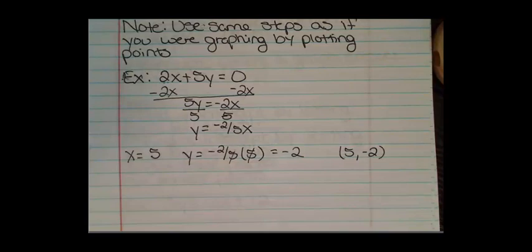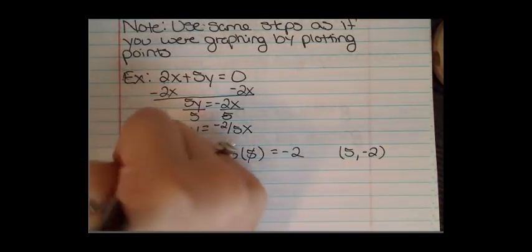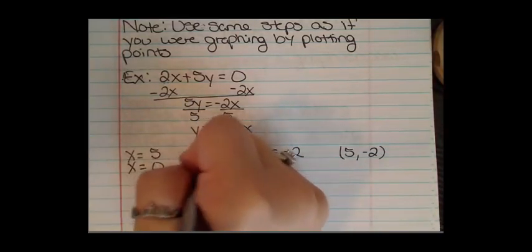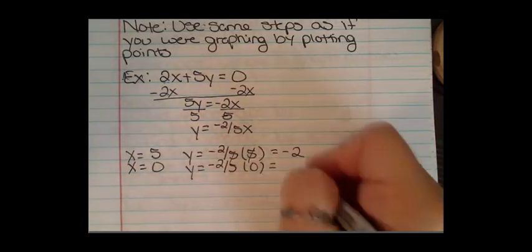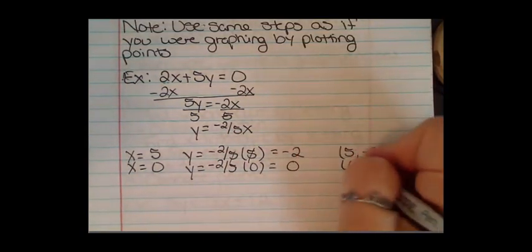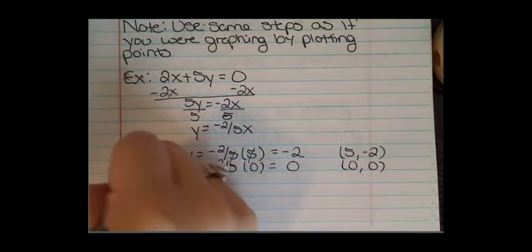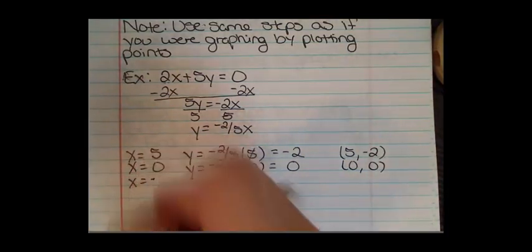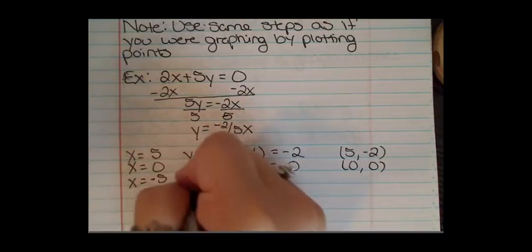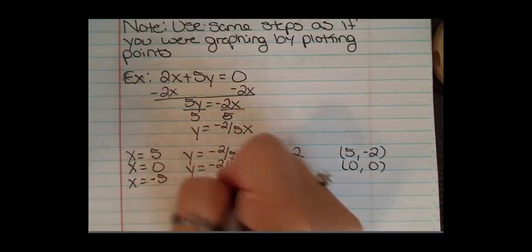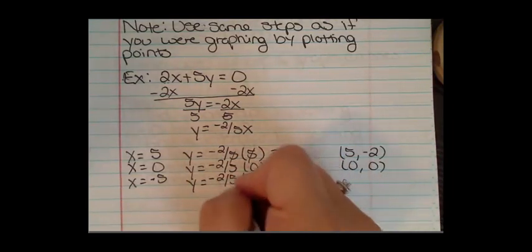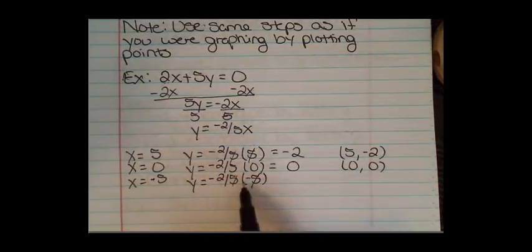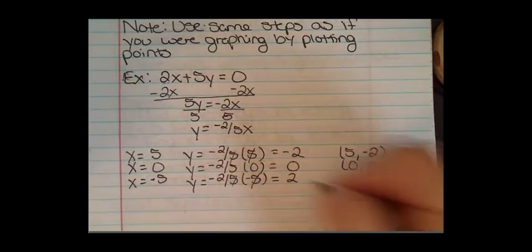If x equals 0, then y equals -2 over 5 times 0, which equals 0. If x equals a negative 5, y equals negative 2 over 5 times a negative 5. My 5's will go away, and then my negative times my negative will make that a positive 2. So that's negative 5, positive 2.